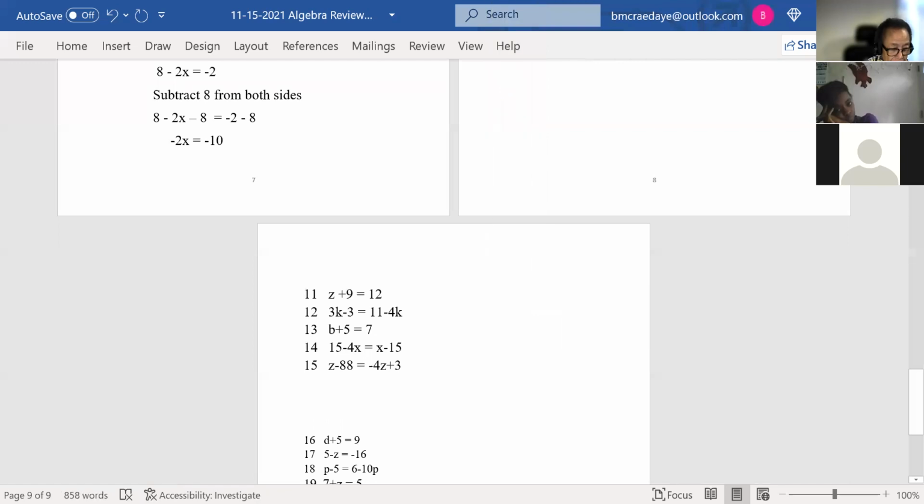So you're looking for Z. You're looking for K. And number 13, you're looking for B. 14, you're looking for X. That's the variable.